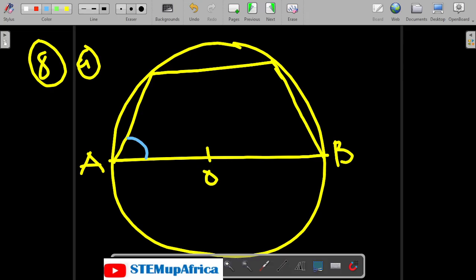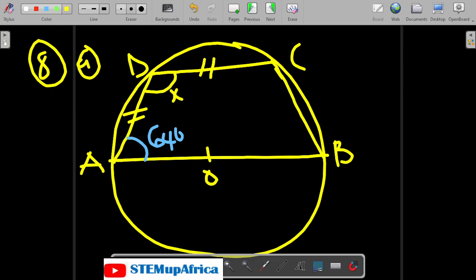The whole of this angle is given as 64 degrees. Here is D, and here is C. These two are the same. Here is labeled as x.